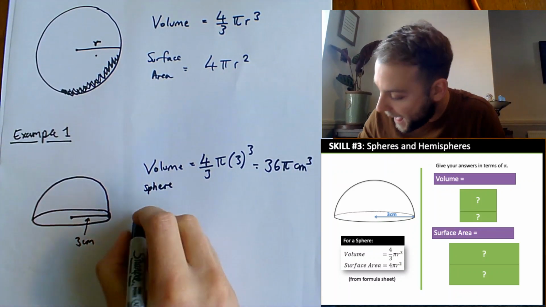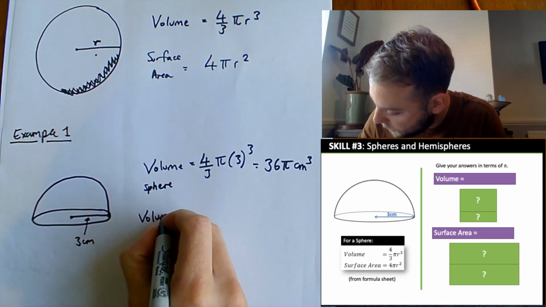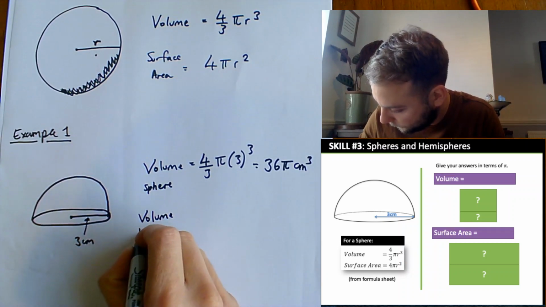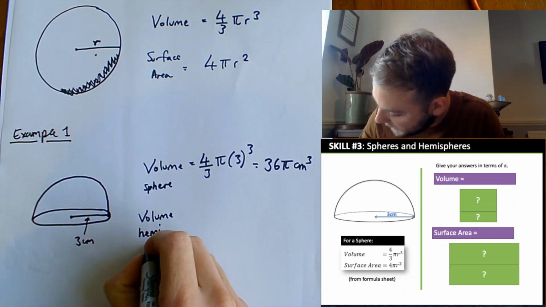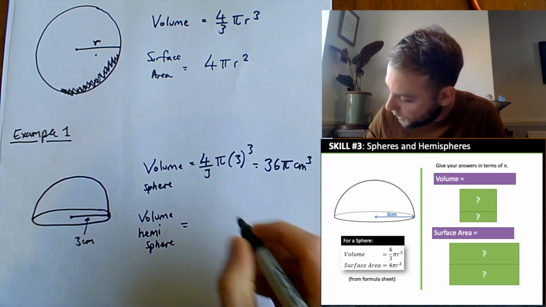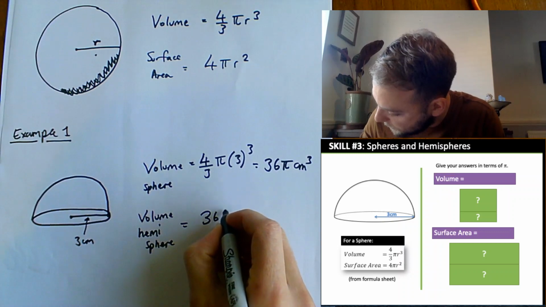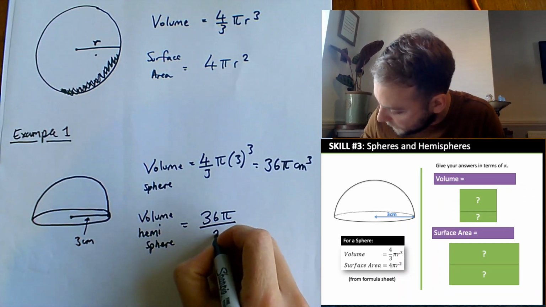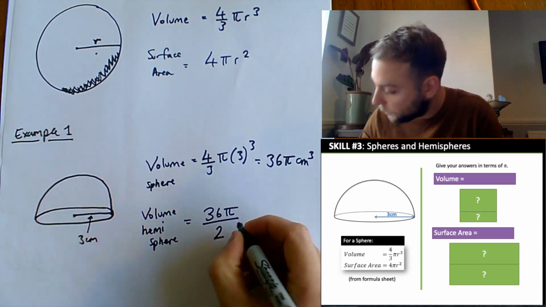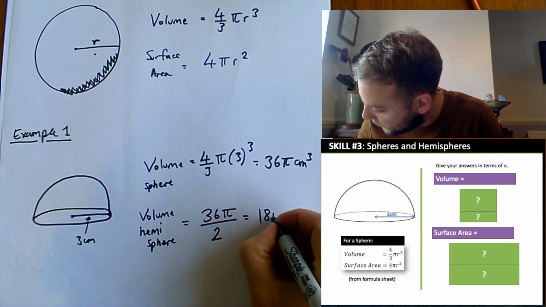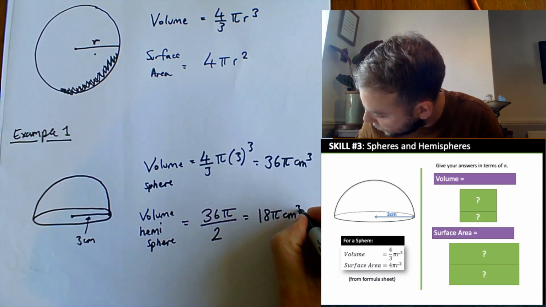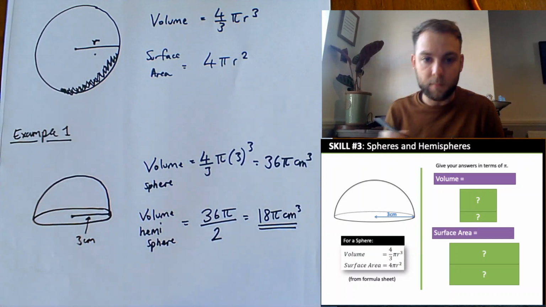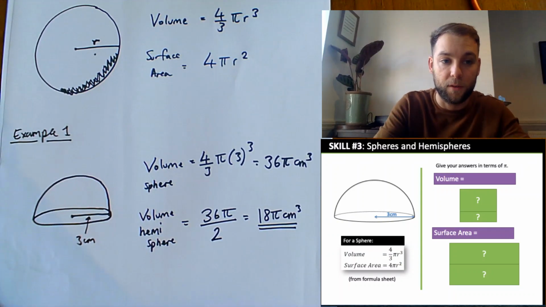If I want the hemisphere, then I need to divide this by 2. So it's 36 pi divided by 2, because it's half of that, which is equal to 18 pi centimetres cubed as well. So that there is the volume of this hemisphere.